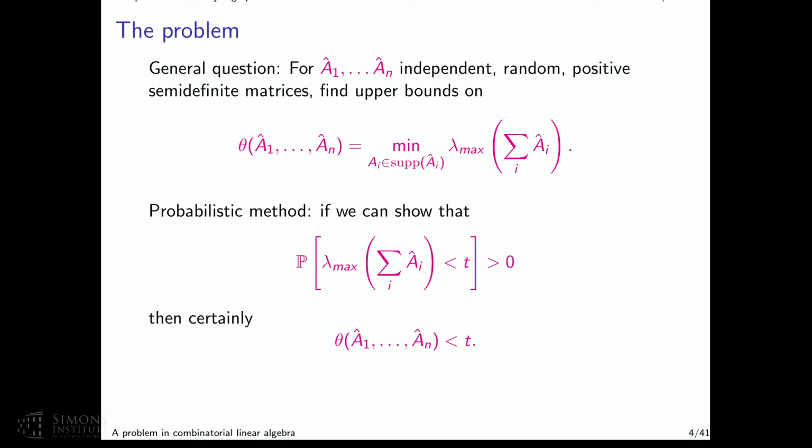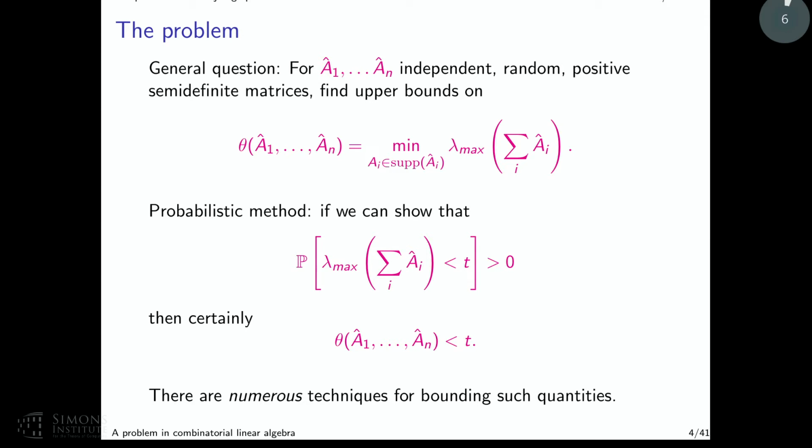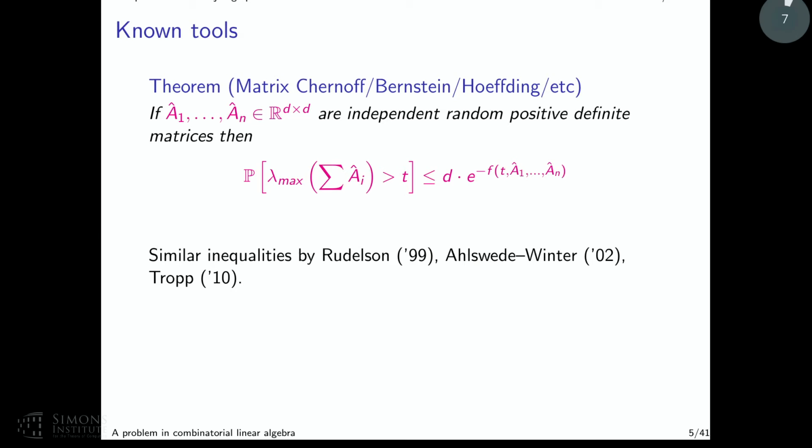And one way we could try to do it is using the probabilistic method, right? If we can show that the probability that this lambda max of this thing is less than t is greater than 0, then what we would be able to show is that theta is less than t. Right? There would be something that satisfies that. And there are numerous techniques for bounding these types of quantities, this probability of lambda max of these sums of matrices. And there's a whole series of these.